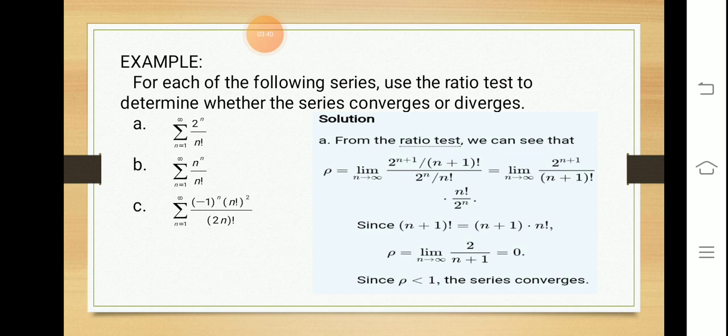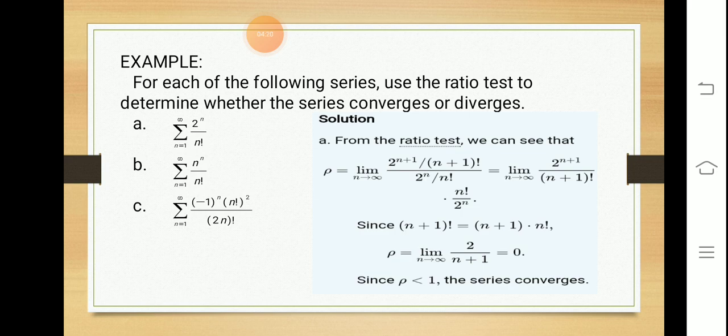From the ratio test, p equals the limit as n approaches infinity of 2 to the power of n plus 1 over n plus 1 factorial, divided by 2 to the power of n over n factorial, which equals the limit of 2 to the power of n plus 1 over n plus 1 factorial times n factorial over 2 to the power of n, since n plus 1 factorial equals n plus 1 times n factorial.